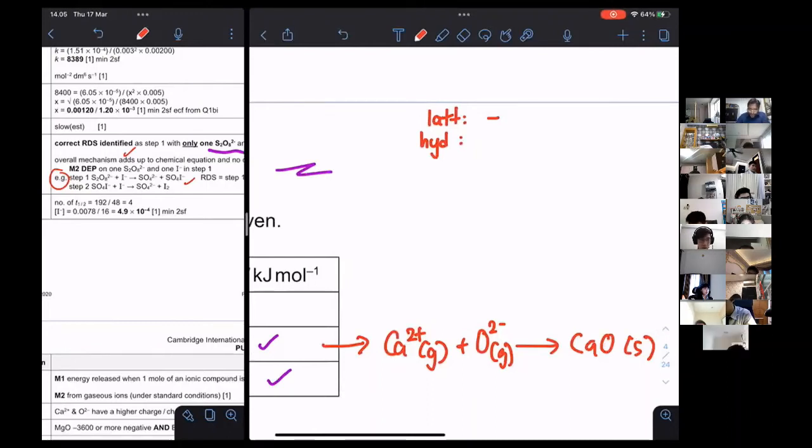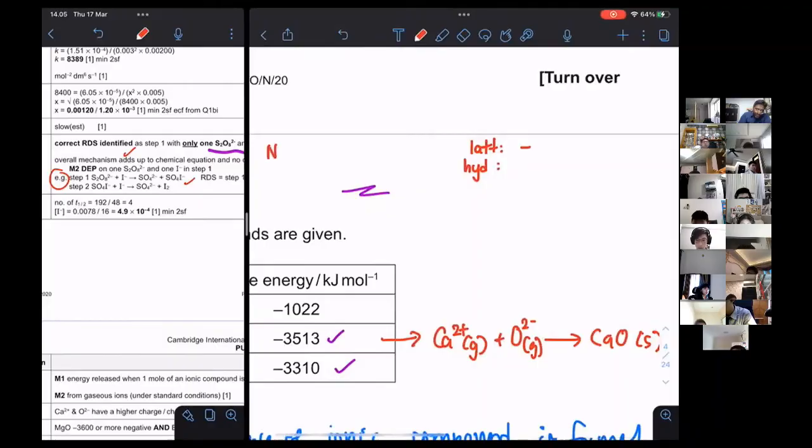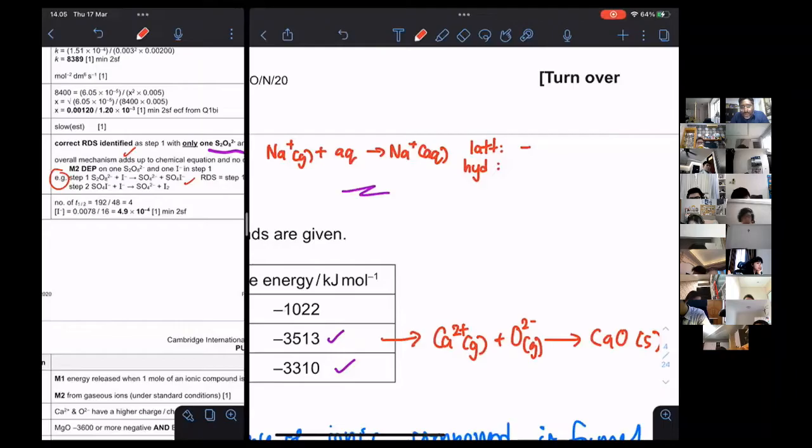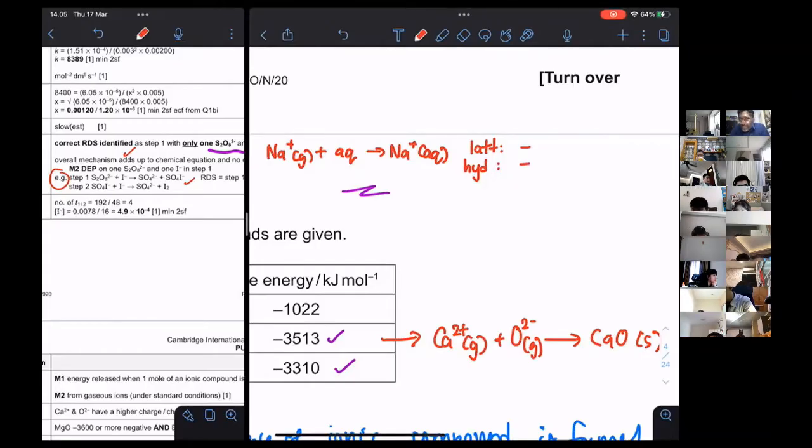For hydration, Na gas joins with aqueous water to give you Na+ aqueous. That is hydration, right? So you see, it is forming bonds with water molecules, so this is bond formation. Hydration is always going to be negative. Please remember that. It cannot be both; it must be negative.